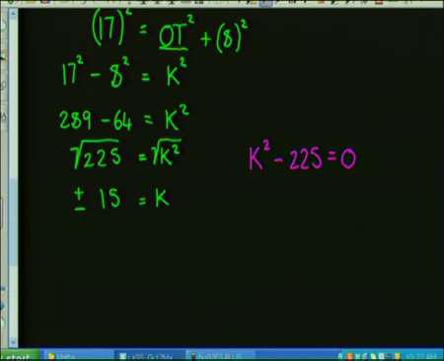And this is the difference of two squares, and we would solve this by saying K minus 15 and K plus 15 is equal to 0. And therefore, we would get that K is equal to 15, or, whoops, I forgot my bracket there, or K is equal to negative 15.